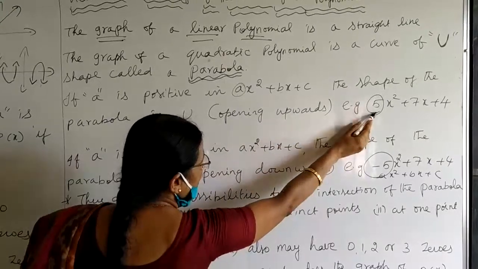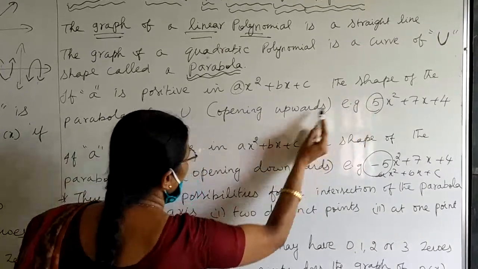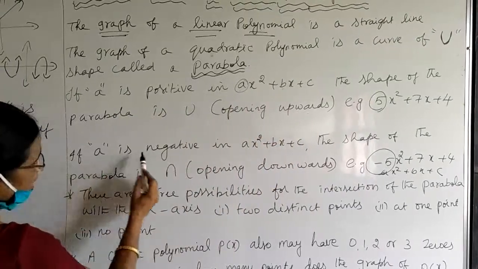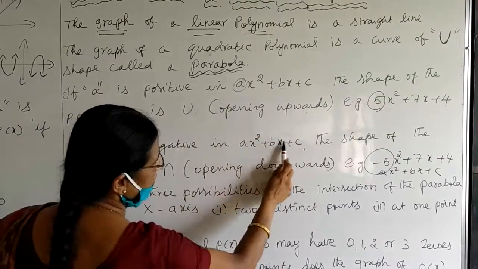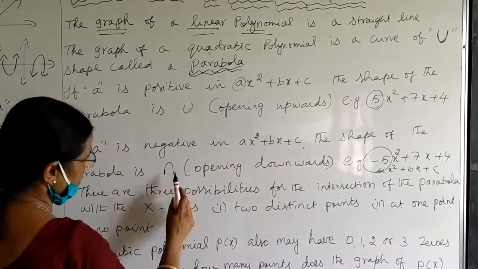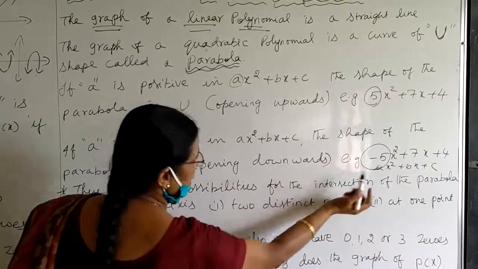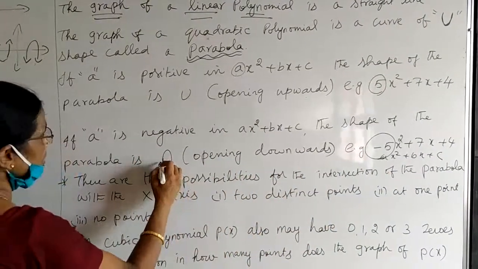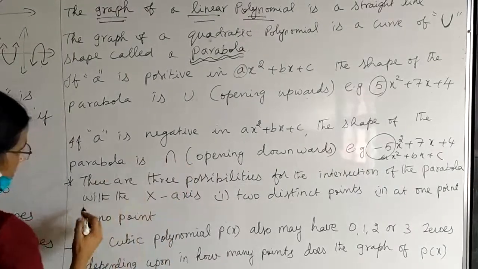An example is given. Here a is positive, therefore U opens upwards. If a is negative in ax square plus bx plus c, the shape of the parabola is like this, opening downwards. Example is given. Here a is negative, therefore it opens downwards.